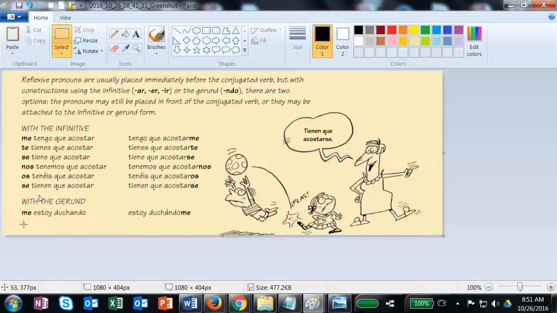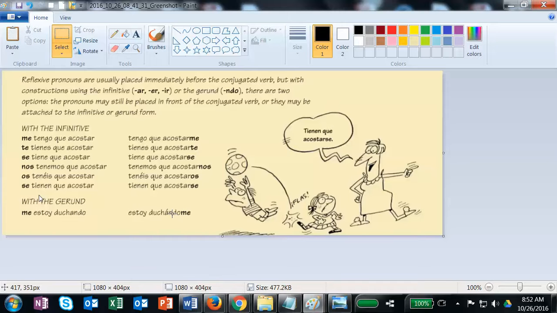And then if you have a gerund, this is present progressive, saying that you're doing it right now. Me estoy duchando. I'm showering myself right now. Then in order to make the present progressive, the -ing form in Spanish, you have to have estar and the present participle. So because estar is a conjugated verb, the me could go in front or it could go attached to the participle.